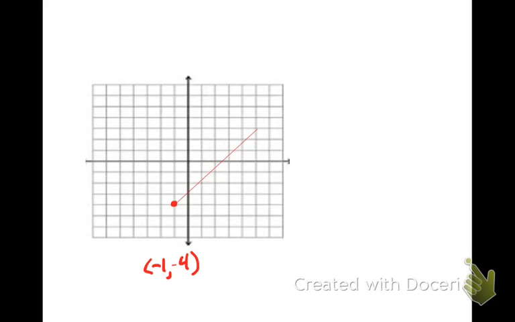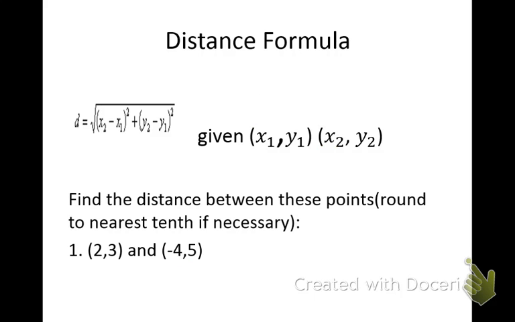And the coordinates of this point are 1, 2, 3, 4, 5, and 1, 2, 3, so it is 5, 3. We can use that idea in what we call the distance formula, to figure out how far this is and how far this is compared to that. So that's where this distance formula came from.